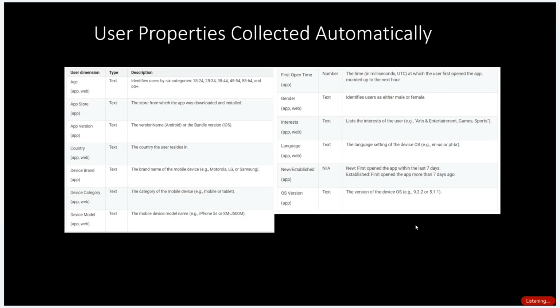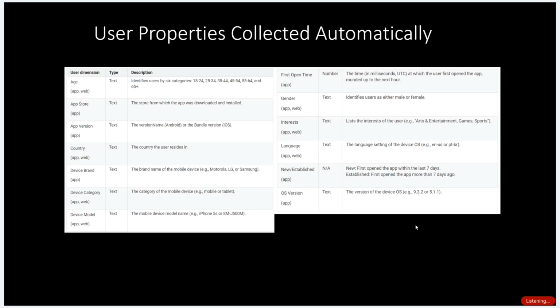So here you see the user properties collected automatically. Okay, so these are the user properties that are collected automatically. So I'm talking about user properties and event parameters. The model is centered around two things: users and events. You can enrich user data by user properties, and you can enrich data for events by event parameters.